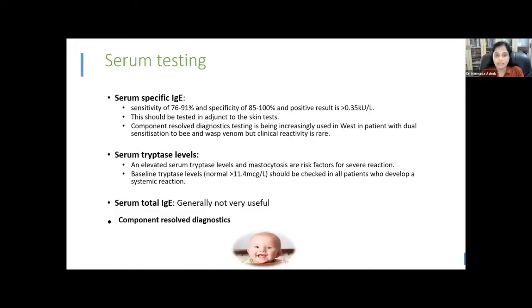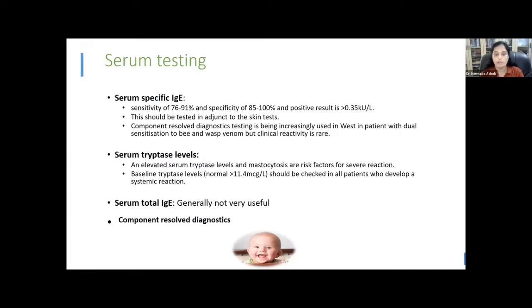Now, coming to the serum testing, as I said, the clinical correlation is less, but the specificity of a positive result is higher, and a positive result is a level of 0.35 kilo units per liter. It is actually used as an adjunct and not as a standalone test. Component resolved diagnostic testing has been increasingly used when there is dual sensitivity and you want to be very clear what insect the patient is sensitized to.